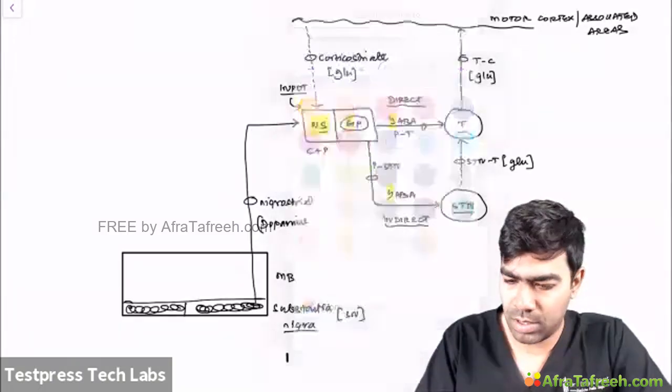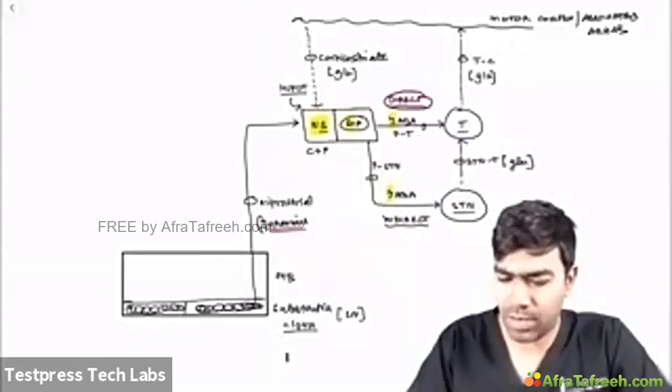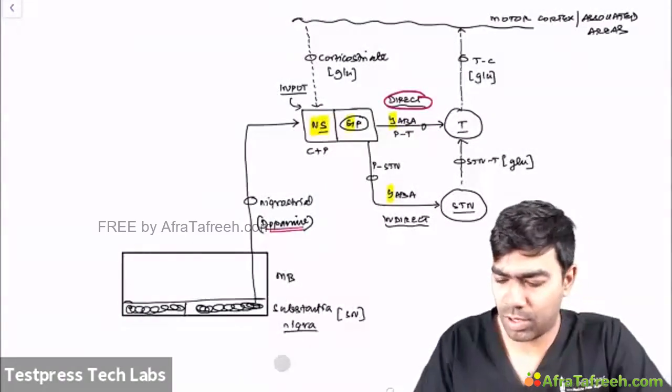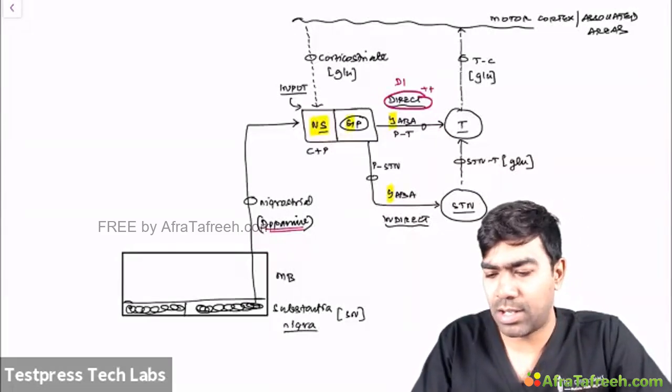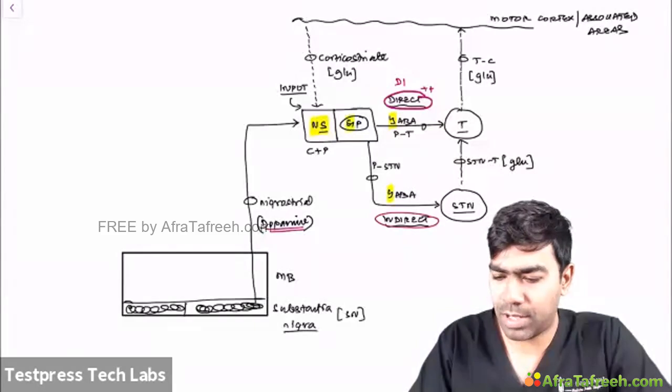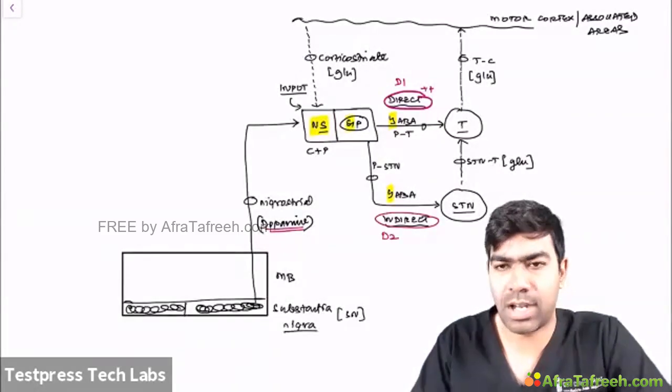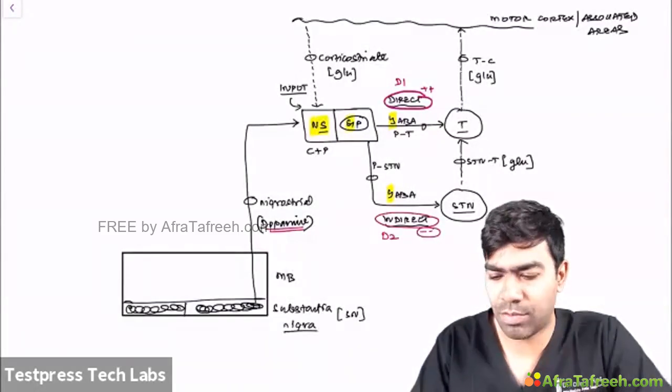So I can write direct pathway here. The dopamine effect on the direct pathway will be more often through the D1 receptors. That's basically a kind of stimulating the direct pathway, and the effect on the indirect pathway will be mediated through D2 receptors, and it's basically an inhibitory kind of pathway.